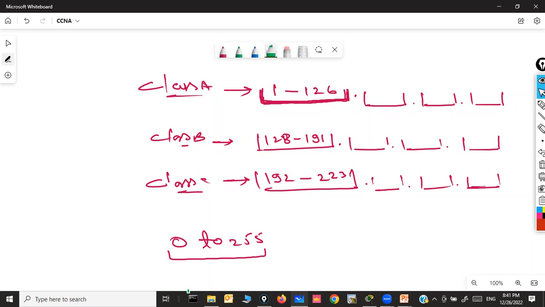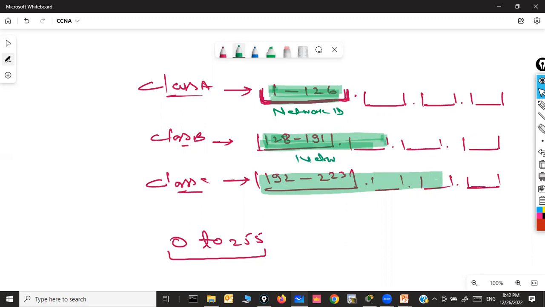But in class A, the first octet represents the network portion, the network ID. In class B, the initial 2 octets, and in class C, the initial 3 octets represent the network portion. If you remember, we talked about the network and host portions, or network and host ID, in an IP address, right? So the first octet here defines the network portion, the network identification, and this is the network ID up to here.